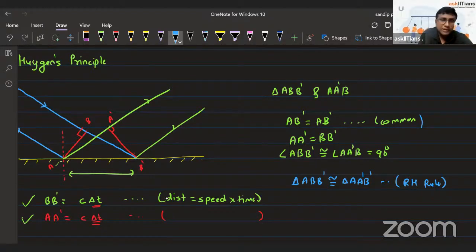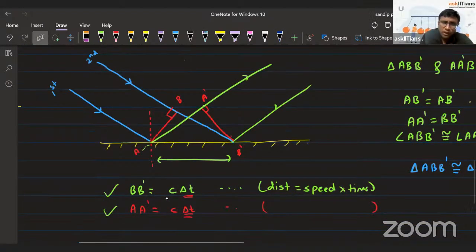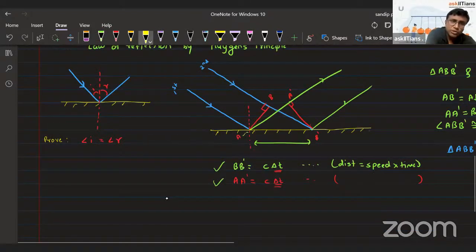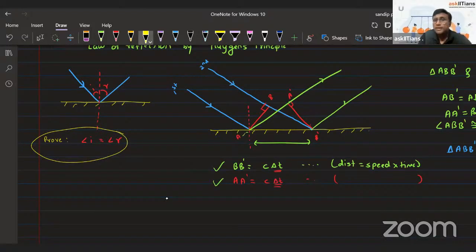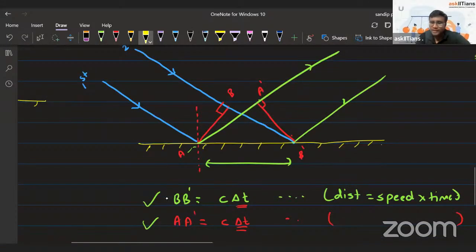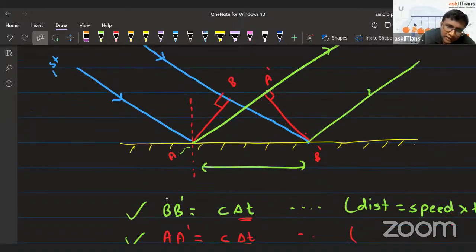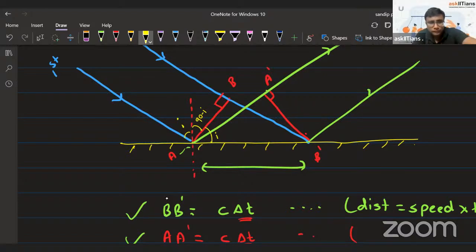So if these two are same, now let's also try to understand which angle is I, because our ultimate job is to prove this one. Angle I is equal to angle R, right? So if this is the angle I here, then this angle will be 90 minus I, and this angle will again be equal to I. Similarly, your R angle, you can say this will be the R angle here.